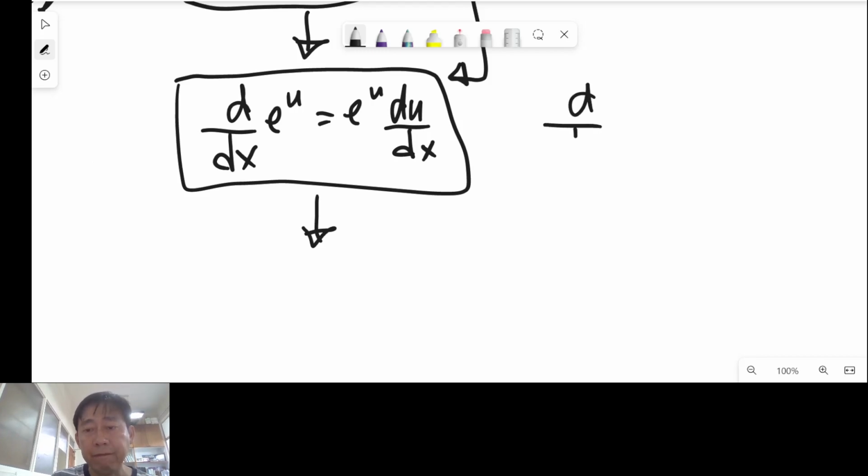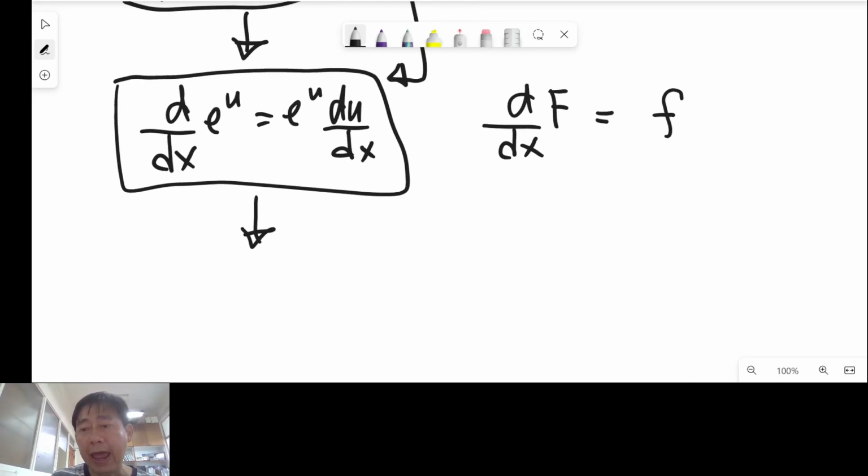If you have a capital function F and you differentiate it with respect to x and end up with a new function small f, that means the capital F is the antiderivative of the small function f.